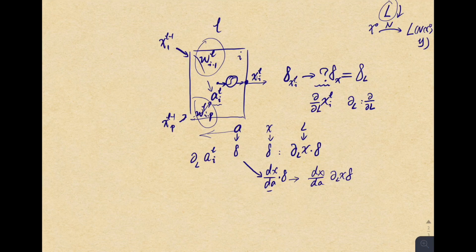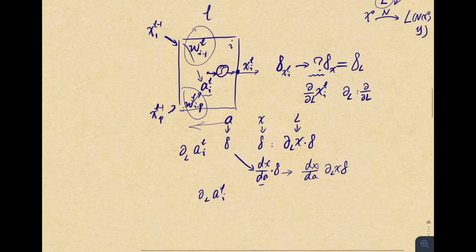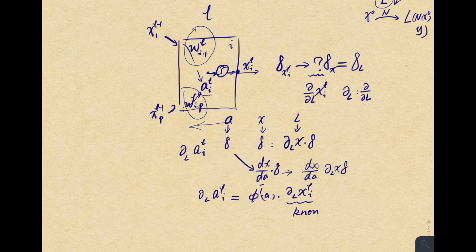So the partial derivative of L with respect to A can be read as this, and this computation is no other than the chain rule of computing derivatives. Now the knowledge of influence has arrived here.